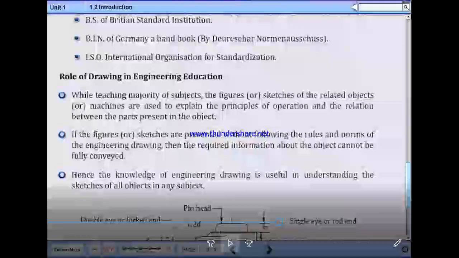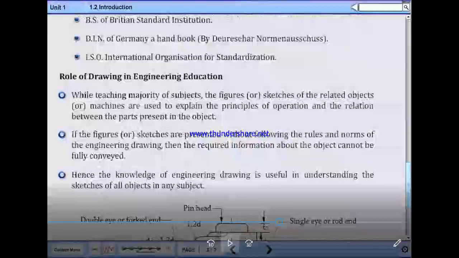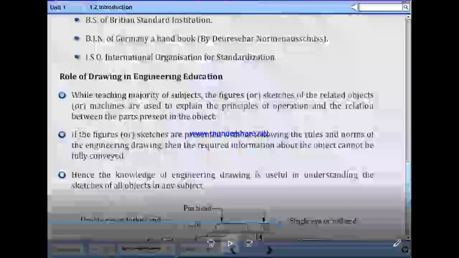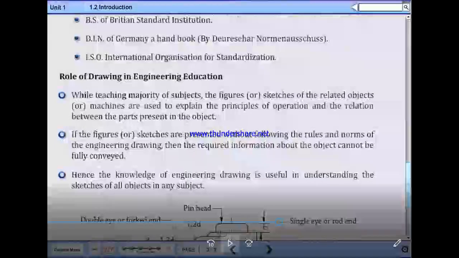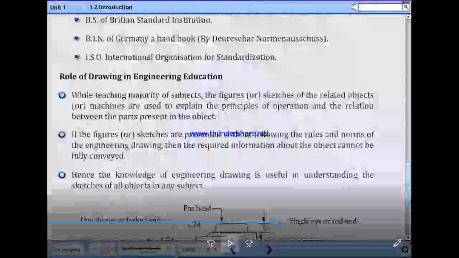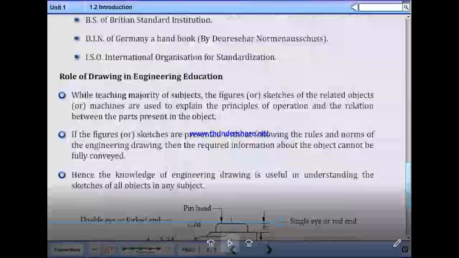The second role of engineering drawing is that if the figures or sketches are presented without following the rules and norms of engineering drawing, then the required information about the object cannot be fully conveyed. Hence, the knowledge of engineering drawing is useful in understanding the sketches of all objects in any subject.